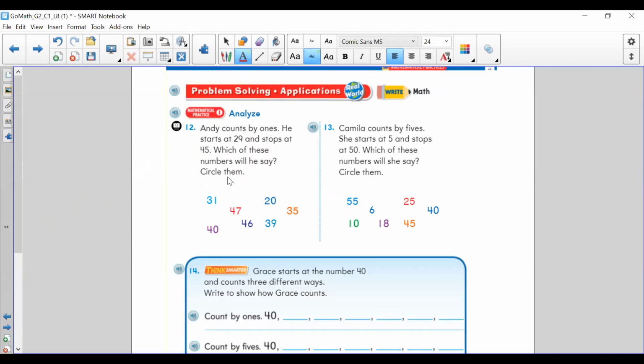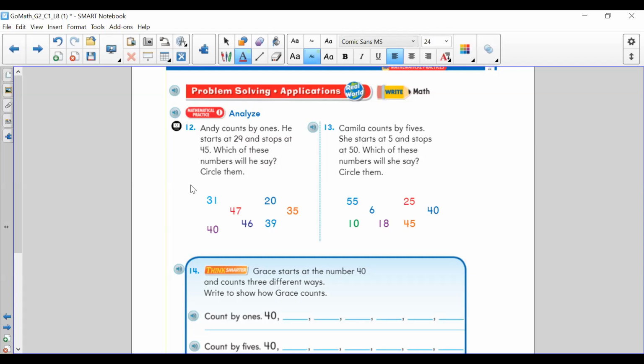It would be very handy to have a number line right now. If you have a number line or you could make one at home, that would be great. Starting at 29, it has to be more than 29, but stopping at 45. So what are all the numbers in between 29 and 45?